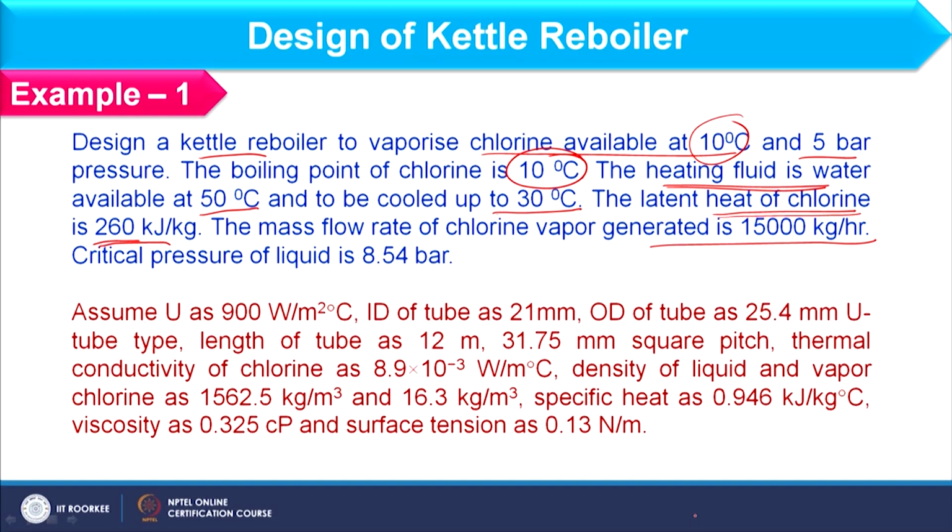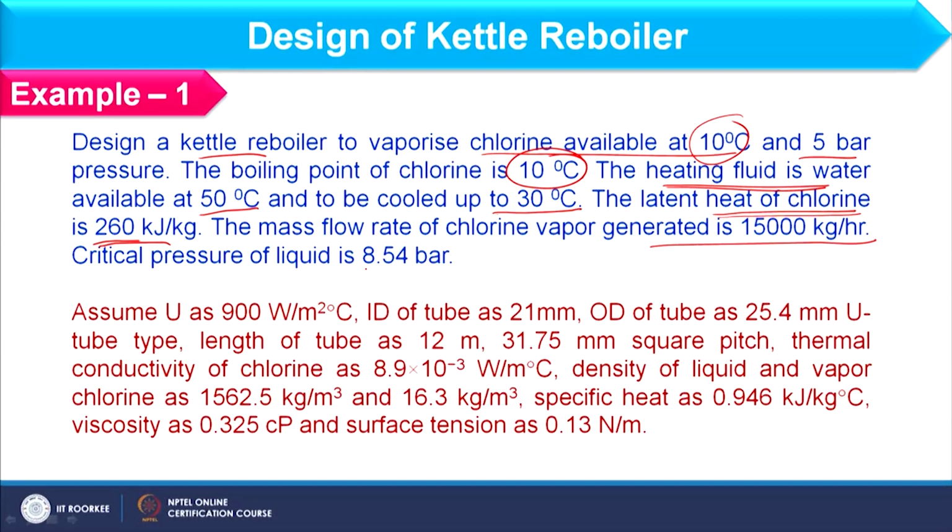So, you see here we have to generate 15,000 kg per hour of chlorine vapor with the help of water, right. Usually we consider steam as a heating media, but in this case because chlorine boiling point temperature is very low, so we can use any other heating source, and for that purpose water we are using, okay. And as far as critical pressure of the liquid is concerned, that is basically 8.54 bar, and this is the critical pressure for chlorine, right.